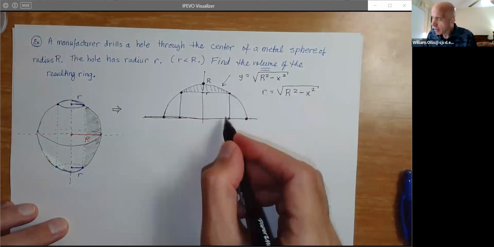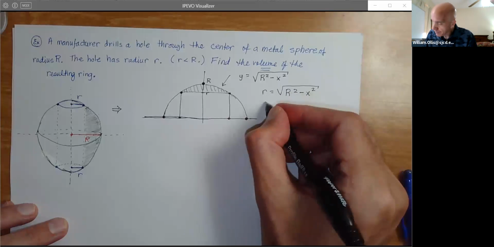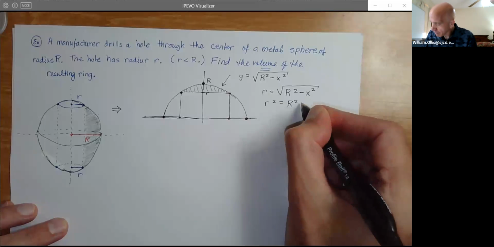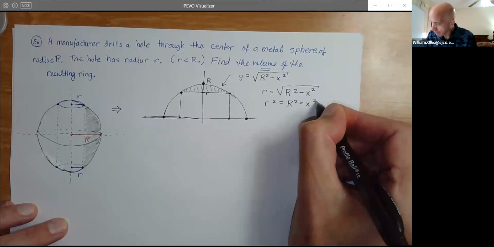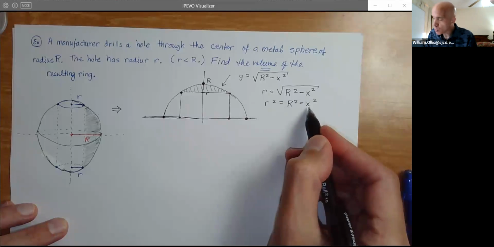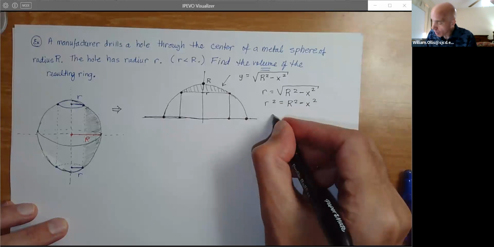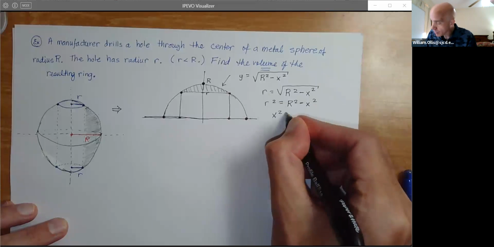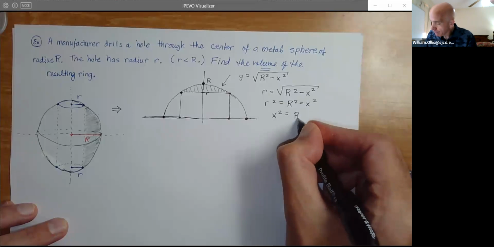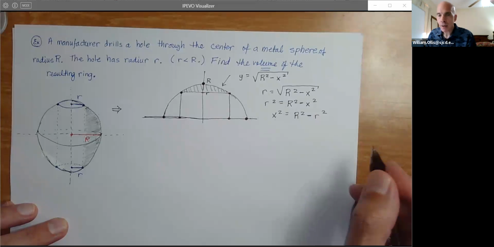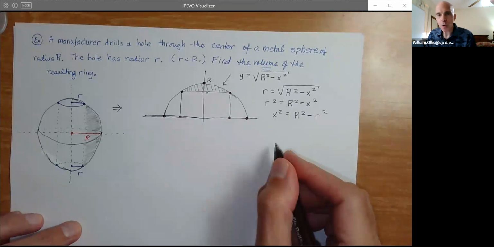So now square both sides. And now we can transpose. We can take the X squared over to the left and the R squared over to the right, the lowercase, of course. And so now we're back to the square root property.